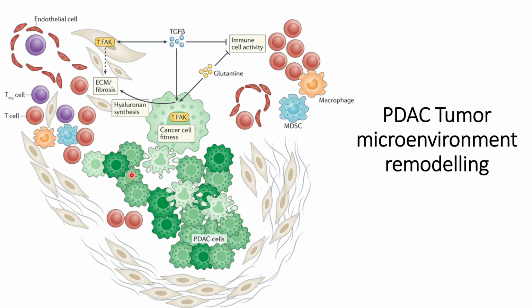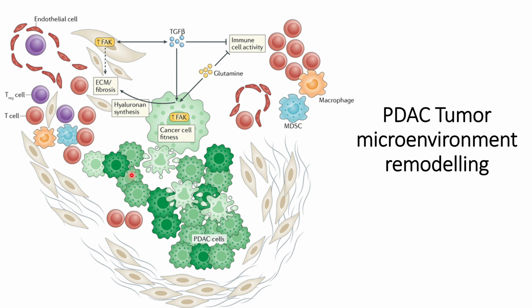The other thing is about the macrophages and MDSC. As we know, there are two populations of macrophages, M1 macrophages and M2 macrophages. These M2 type macrophages, which have tumor proliferation properties, are usually found in the stroma region surrounding the pancreatic cancer cells, or in the tumor microenvironment of the pancreatic cancer cells.